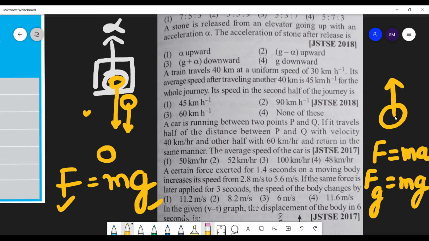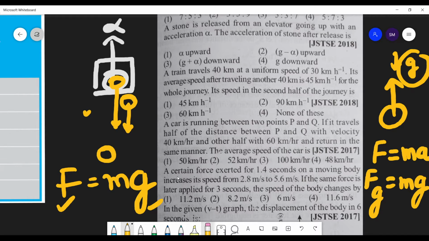Whenever the object is in air, whether you have thrown it upwards, or the object is momentarily at rest at the top, as we did yesterday in the last lecture, when the object was at maximum height and its velocity became zero before coming down, still its acceleration was g.